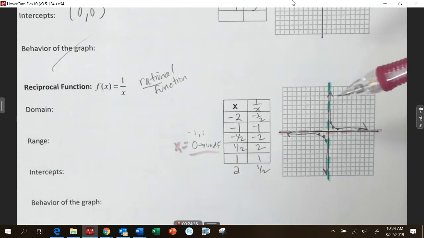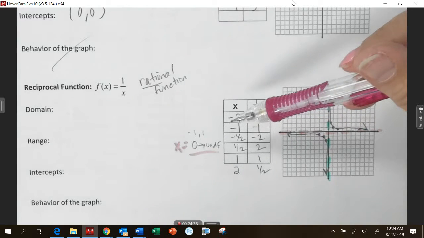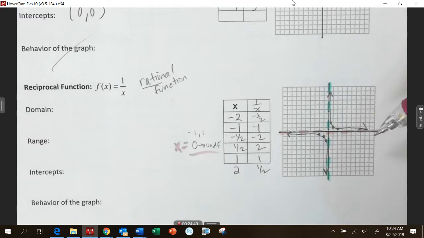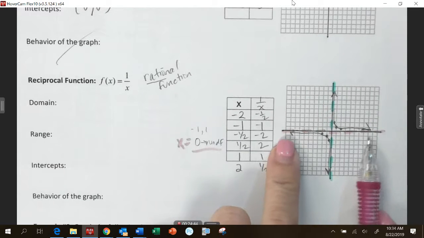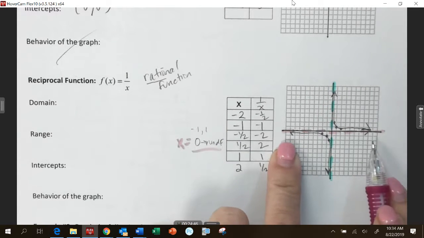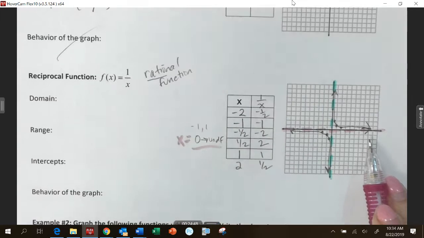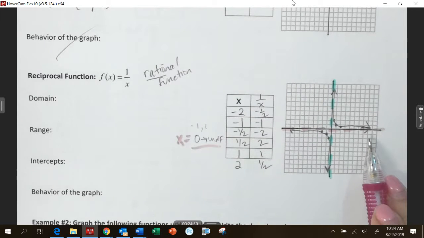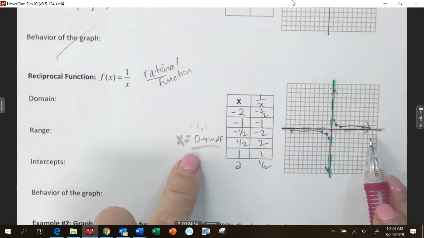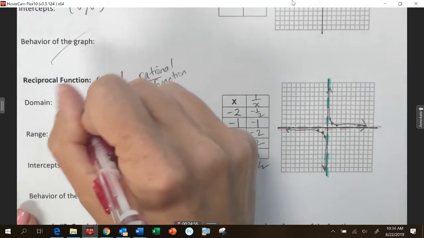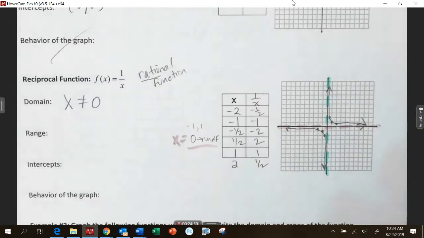So we're going to talk about the domain. How far to the left, how far to the right does it go? Got arrows. It's all real numbers except 0 cannot be, because we can't use 0 to be undefined. So we're just going to say x does not equal 0. That's going to just mean it's everything except for x does not equal 0.